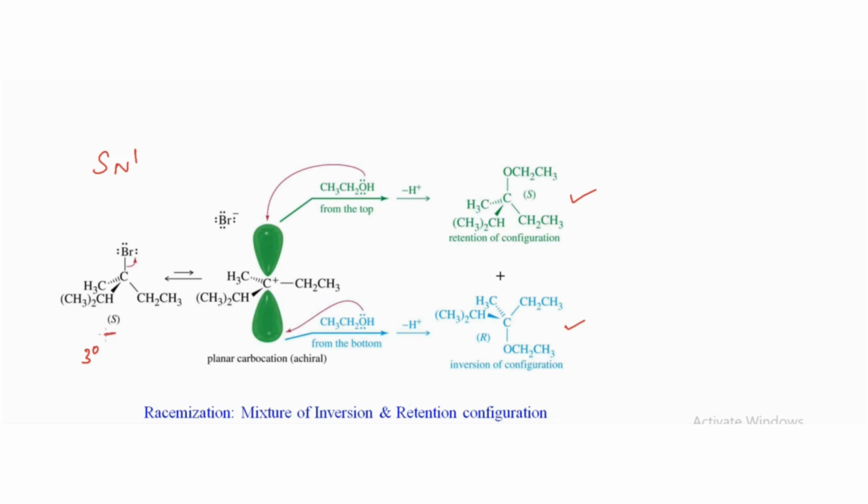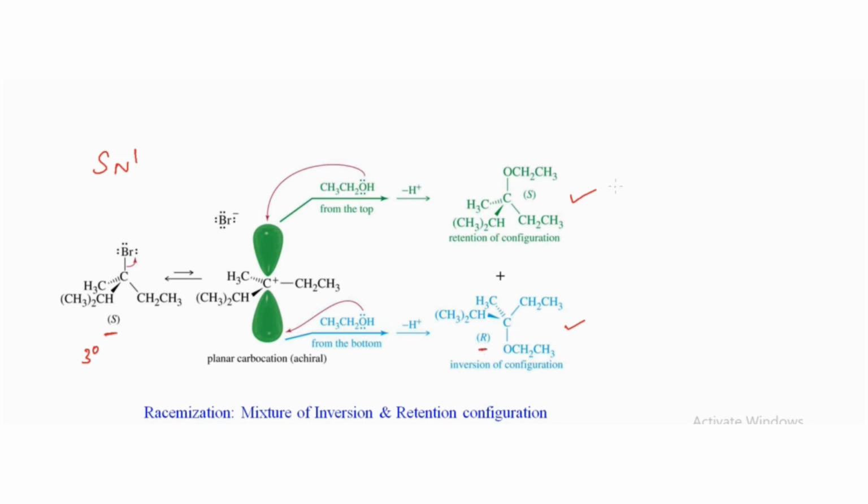When it attacks from the top, you are getting the S configuration. When this carbocation, which is planar in nature, is attacked by the nucleophile from the bottom also, you are getting this type of configuration. Here the absolute configuration is R.